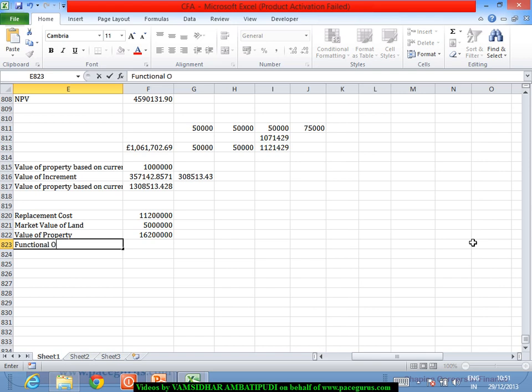The functional obsolescence cost is 25,000 per year, capitalized at the capitalization rate. So 416,000 is going towards the functional obsolescence, which is the bad design.